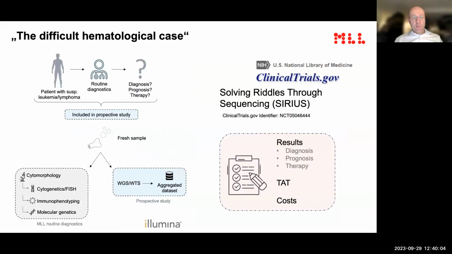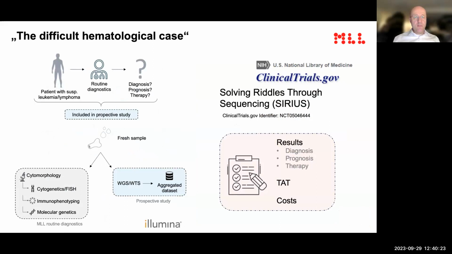We try to apply this. It's difficult because there are diagnostics which are considered standard today, and which are the gold standard and which do all the diagnostics. But as all of you probably know, there are cases which cannot be solved.